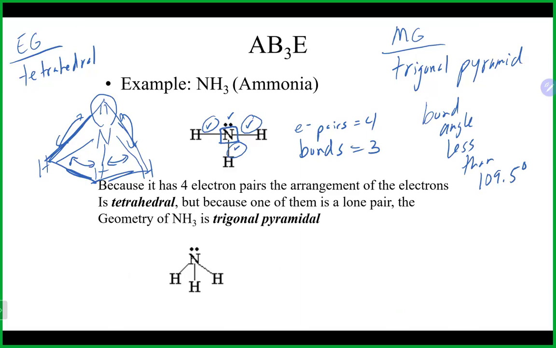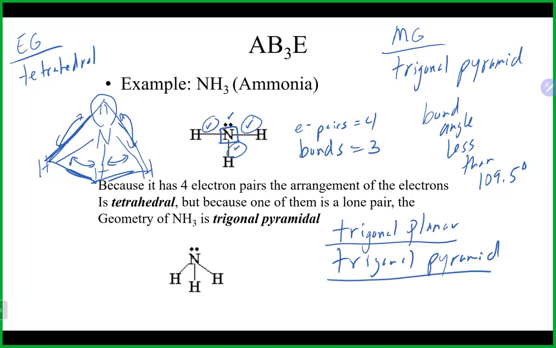This is also a good point to talk about the two names that sound similar. Earlier we saw trigonal planar, and here we have trigonal pyramid. They are different, yes? So you need to specify which one it is.